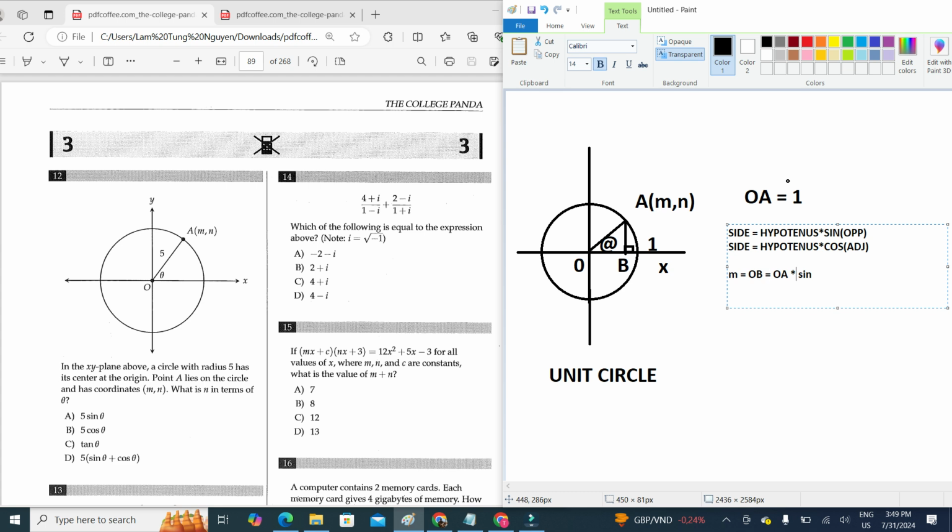So OB is the hypotenuse times cosine of alpha, because OB and OA are in an adjacent relationship.